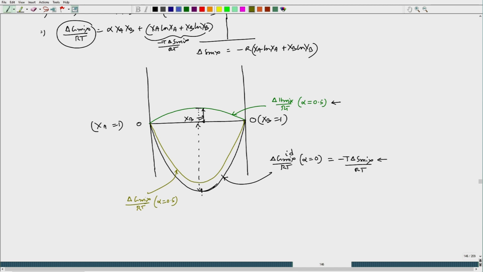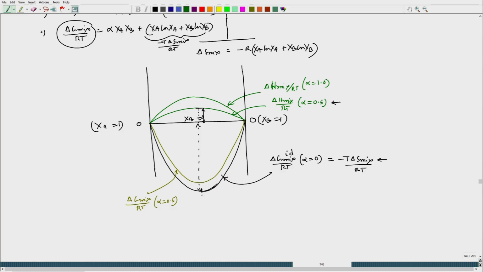Now, I keep increasing the alpha value. Let us say I go to alpha equal to 1. So, this is delta G H mix by RT when alpha equal to 1.0.